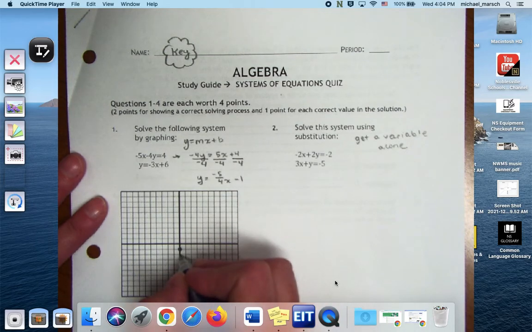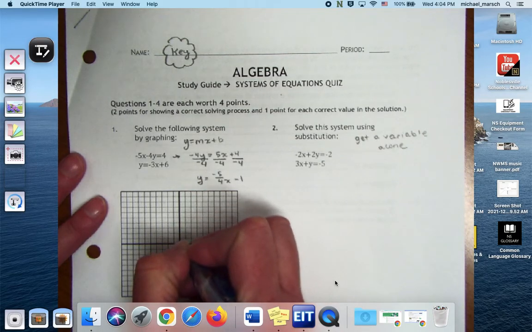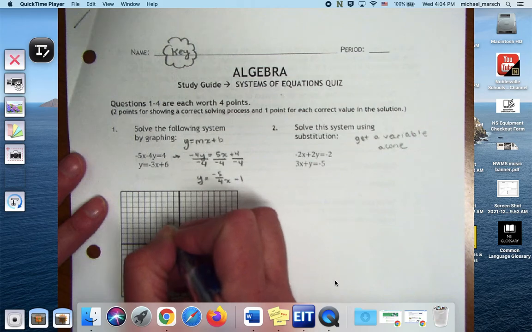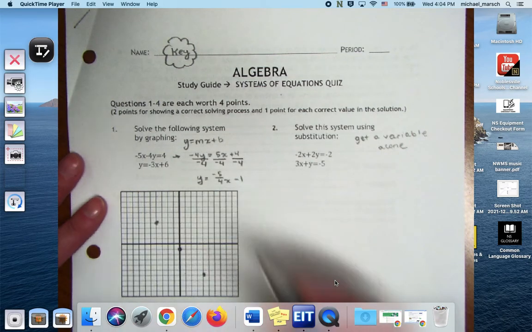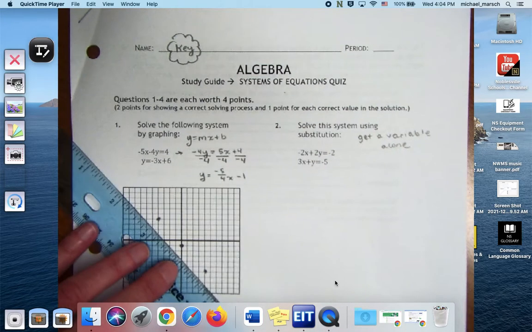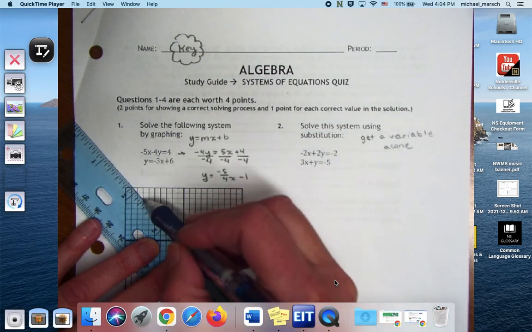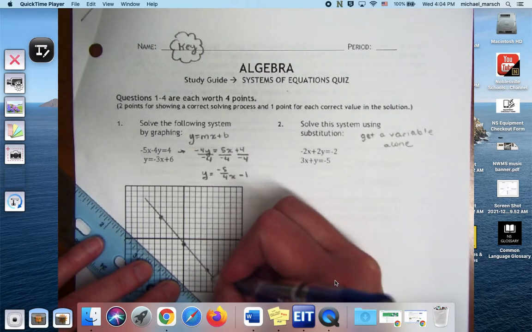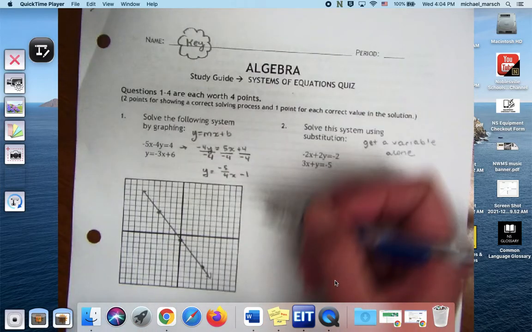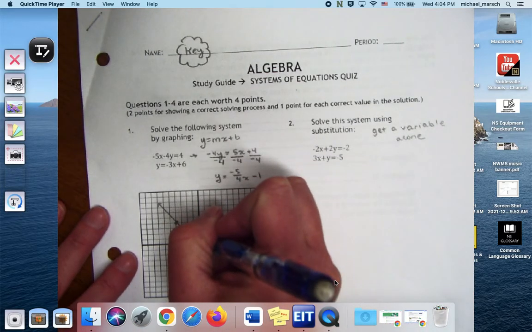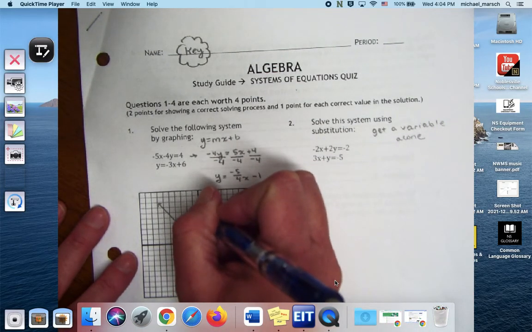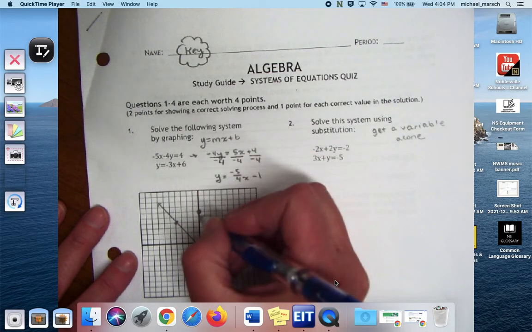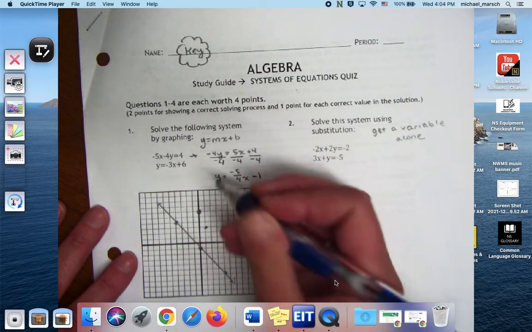I'm going to go down 5 over 4. I can go up 5 and back 4. Connect those. There's my first line. The second one, I'm at positive 6. That's my y-intercept there. Down 3 over 1.